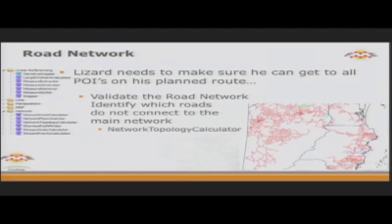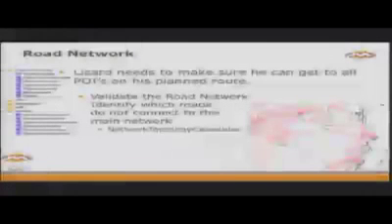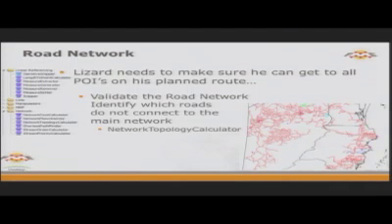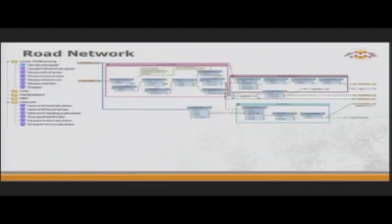Maybe they're more civilized than us. Anyway, so the lizard has determined that the road network is pretty consistent. That's the red patch here. That means that they're all consistently joined together, and so he can trace his route from point of interest to point of interest. And there we have the network road workspace.